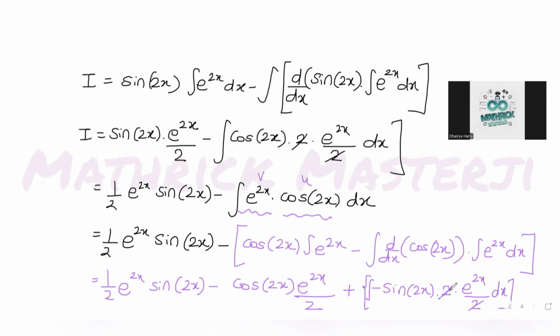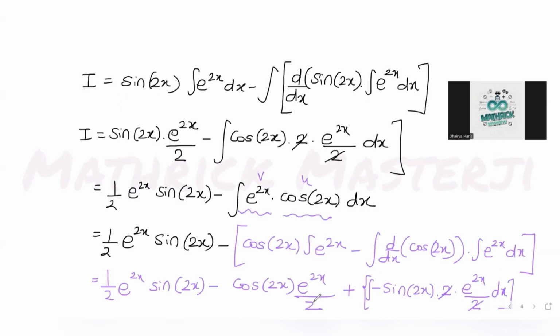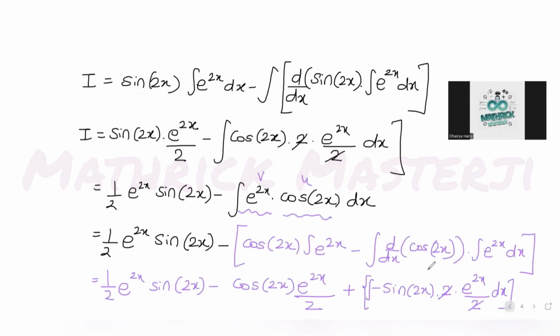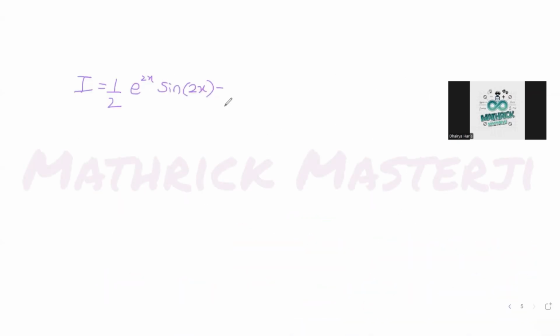This and this cancel. Now let's try to solve this further. So from here, I is half e raised to 2x sine 2x minus half e raised to 2x cos 2x as well.